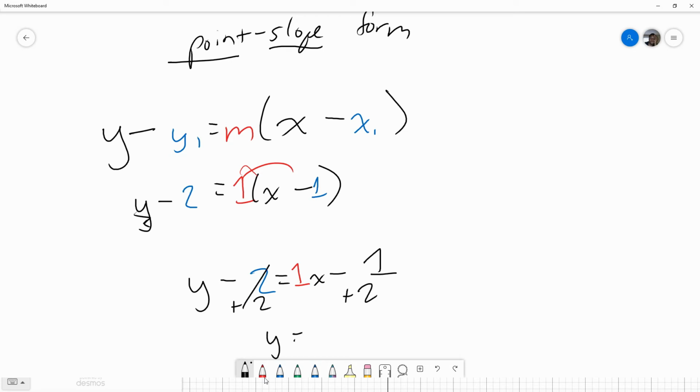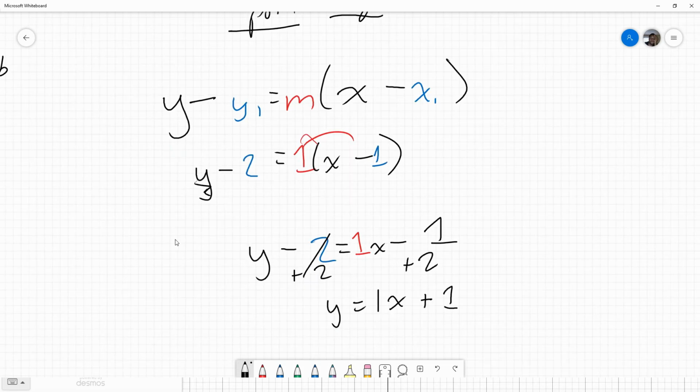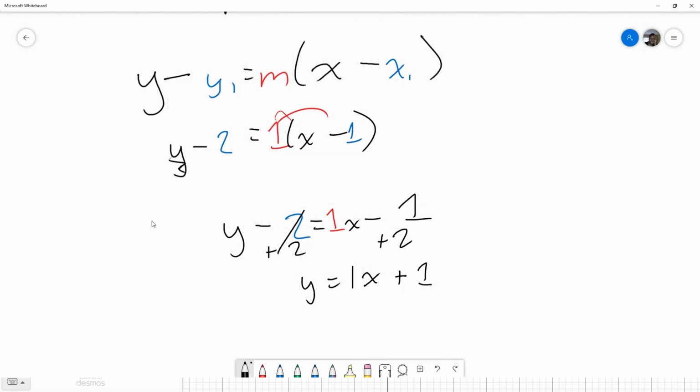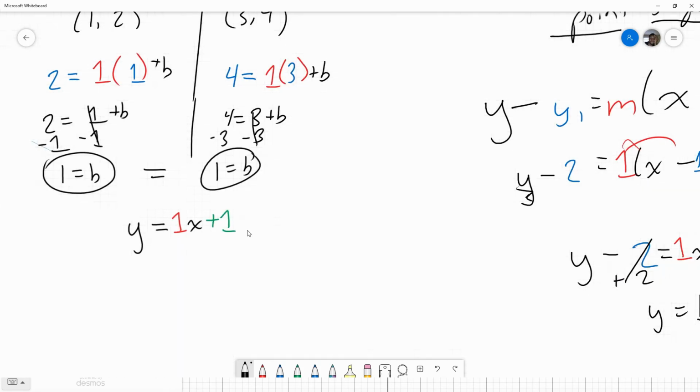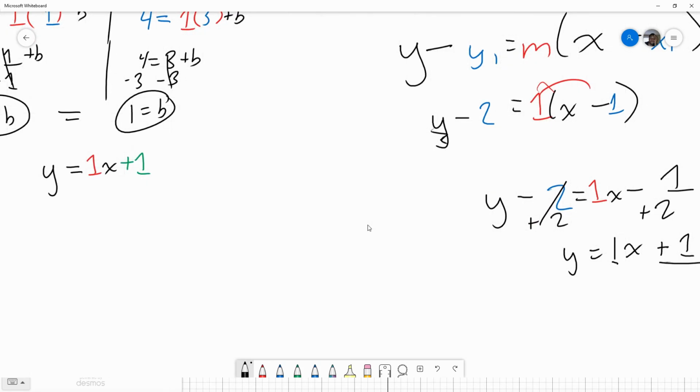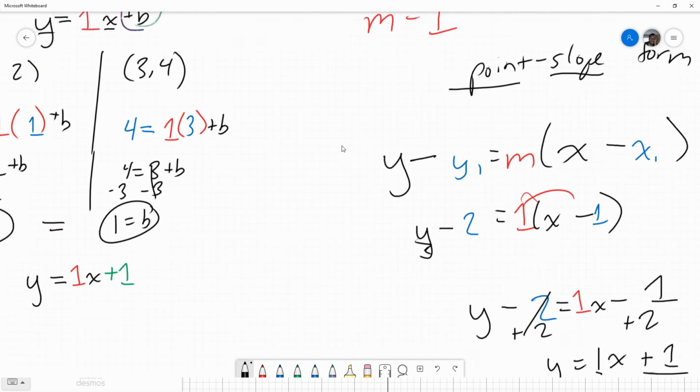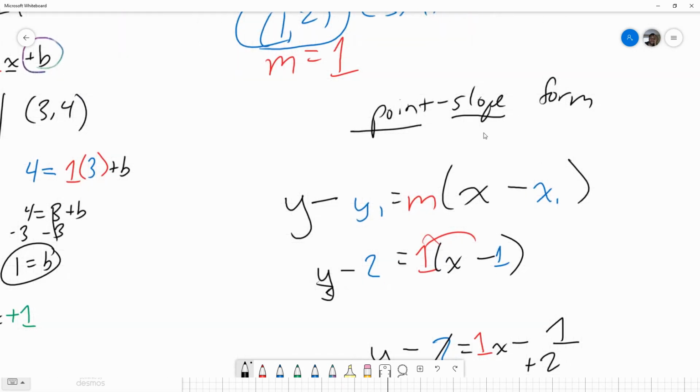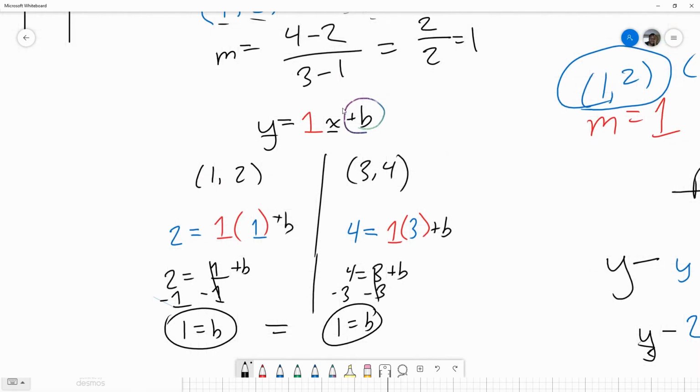And I'll have y equals 1x plus 1. And what do you know? In this equation, my slope is 1 and my y-intercept is 1, just like we found before. Point slope form you'll be using a lot more often in future courses, so getting used to it now is more beneficial. But using the slope intercept form is just as valid.